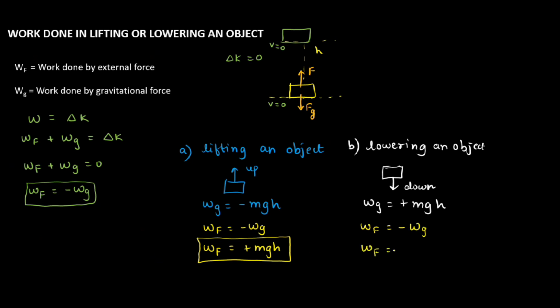That will give me negative mgh. So work done in lifting and lowering the object will be opposite to the work done by gravity. If you can remember the sign for work done by gravity when the object is going up or down, just take the opposite sign for when you are lifting or lowering the object.